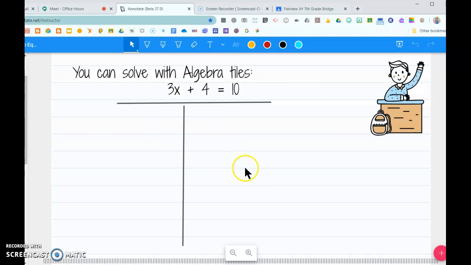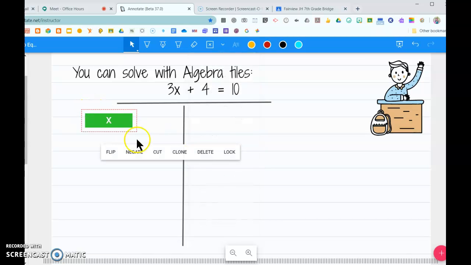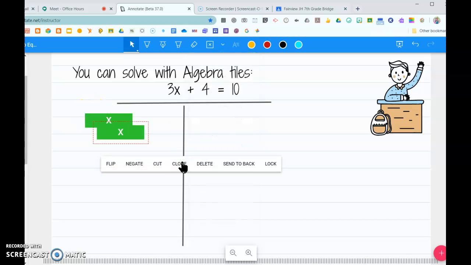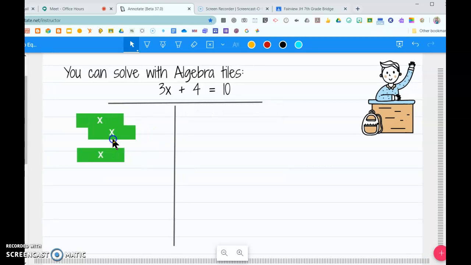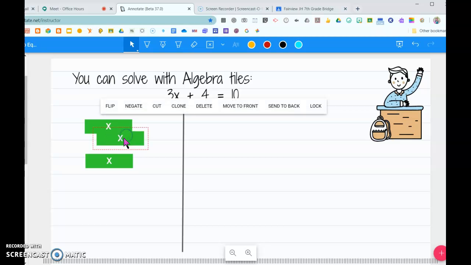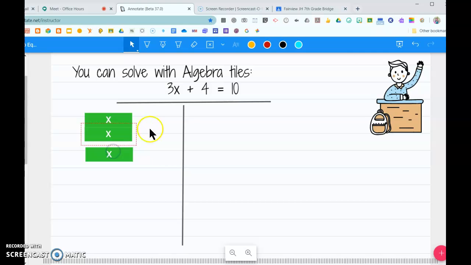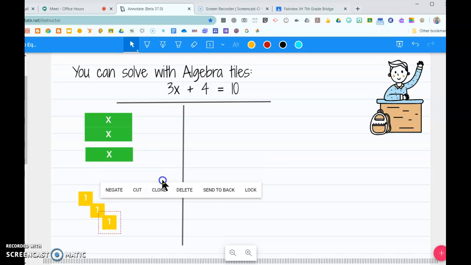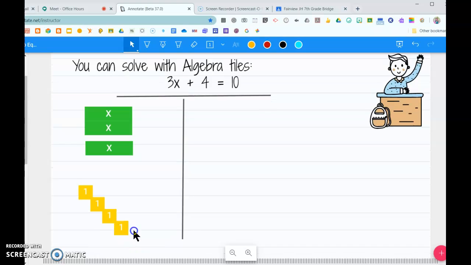All right, so something that you may have seen last year when you were solving was algebra tiles, meaning that you have these that represent x, and if my equation is 3x plus 4, then I need 3 x's, and then I need 4 individuals, and I prefer the clone button because I make a mess when I try to do this.